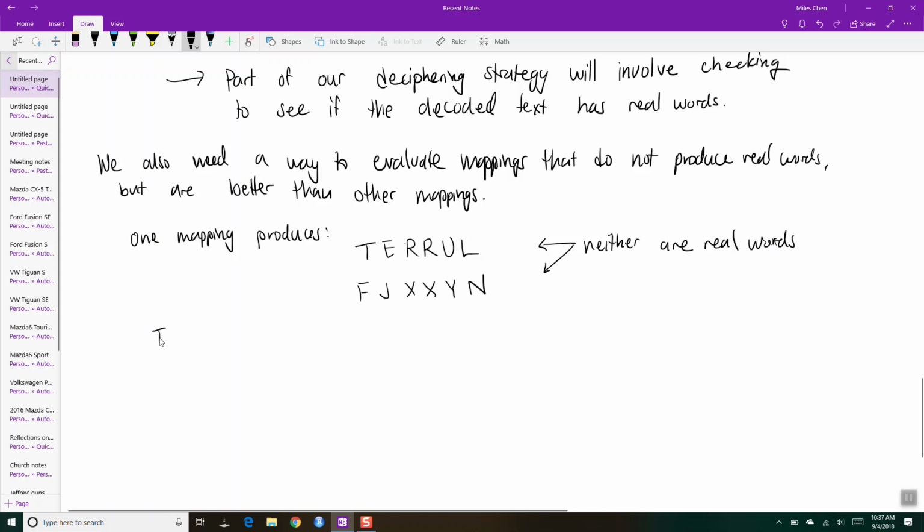So if we have two competing mappings that produce this and this, the first mapping seems more correct than the second mapping.